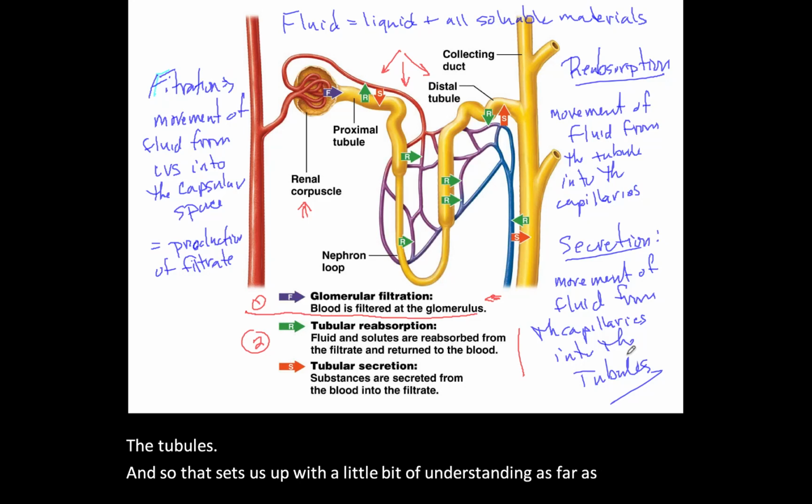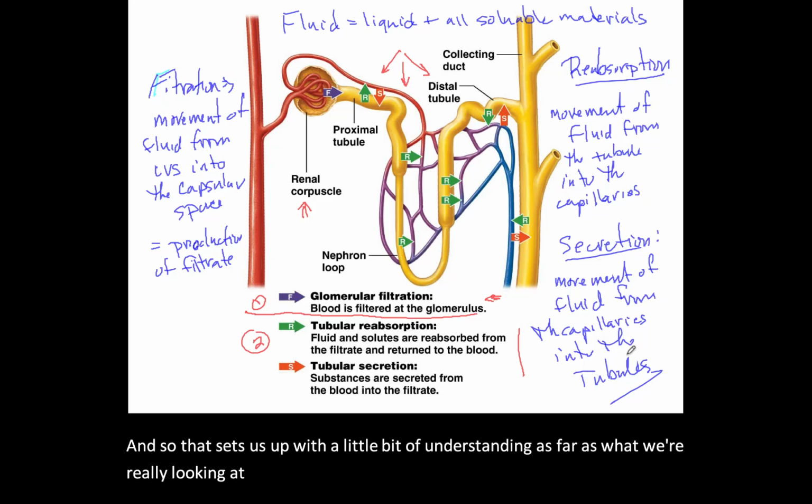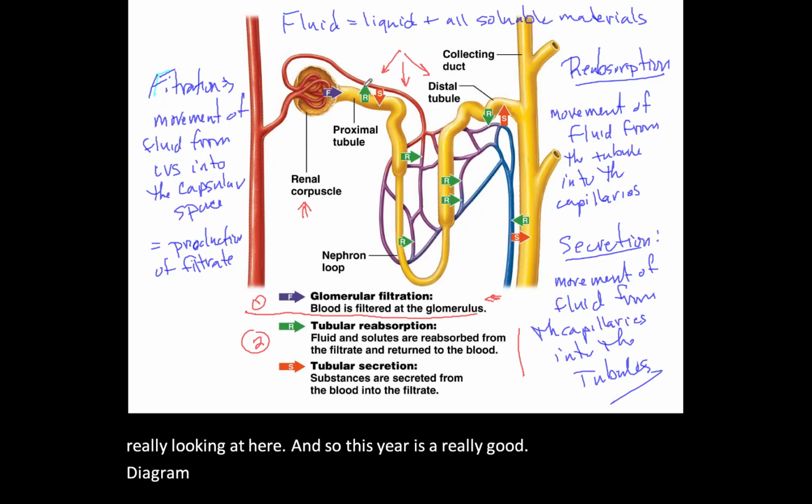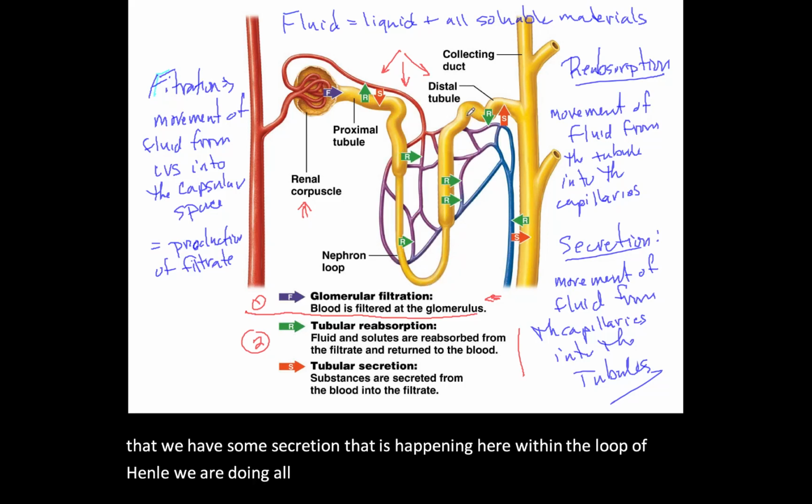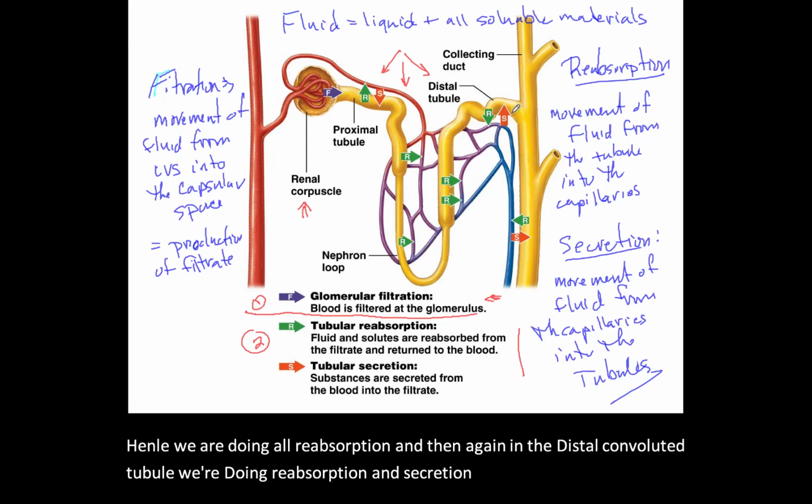All right, and so that sets us up with a little bit of understanding as far as what we are really looking at here. This is a really good diagram, because we see that we have reabsorption, and we see that we have some secretion happening. Within the loop of Henle, we are doing all reabsorption. Then in the distal convoluted tubule, we are doing reabsorption and secretion, primarily secretion, with less emphasis on reabsorption.